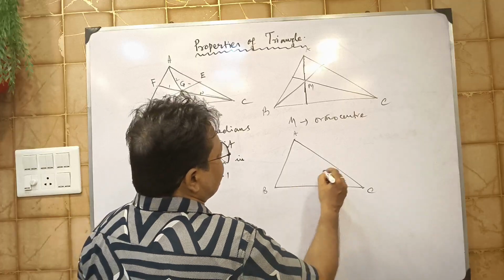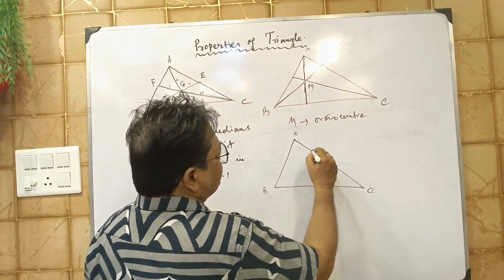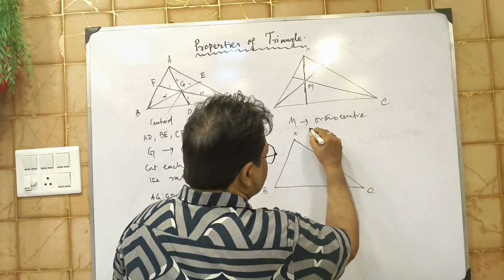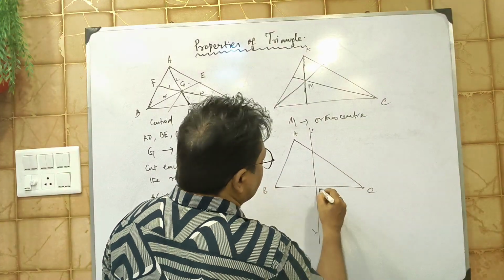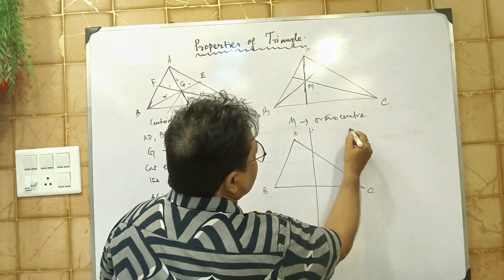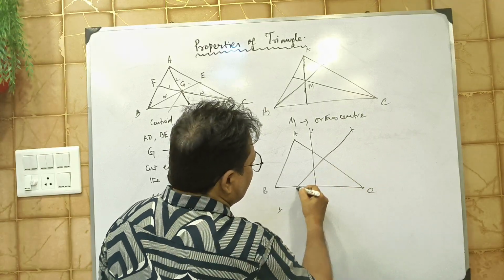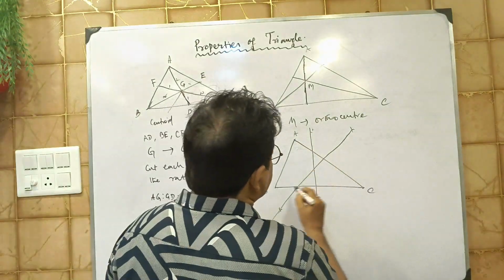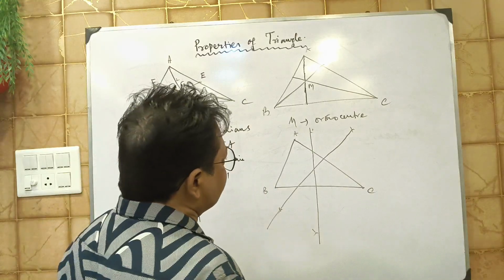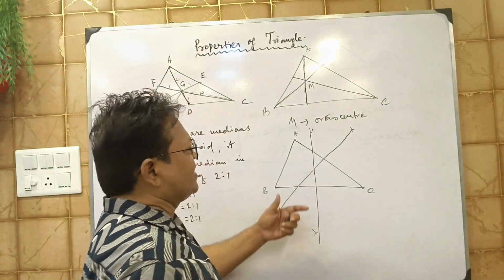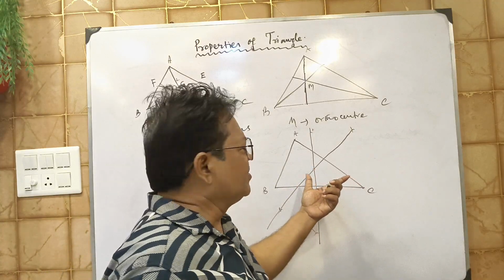Now do one thing, draw the perpendicular bisector of the two adjacent sides, that is AC and BC. The perpendicular bisector of any two sides is possible.